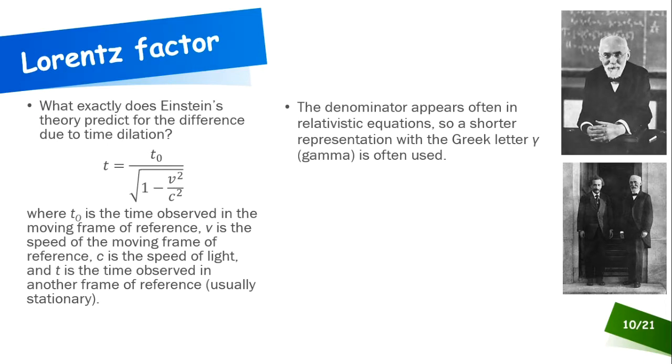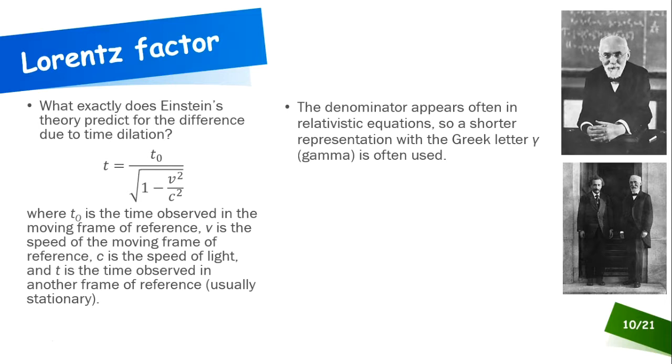This denominator that you see there, that factor with the square root sign, appears very often in relativistic equations. And so we use a shorthand representation, so we don't have to keep writing all that out all the time. We just set the denominator portion equal to a Greek letter, gamma.